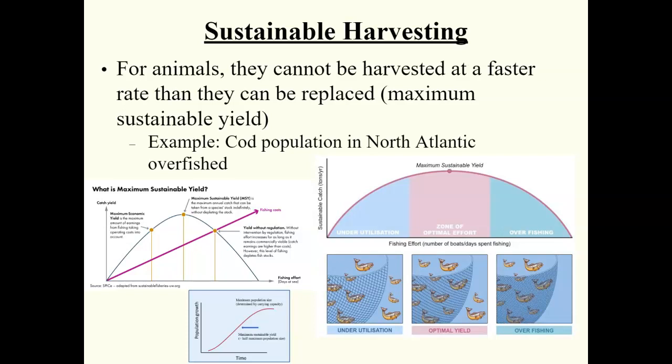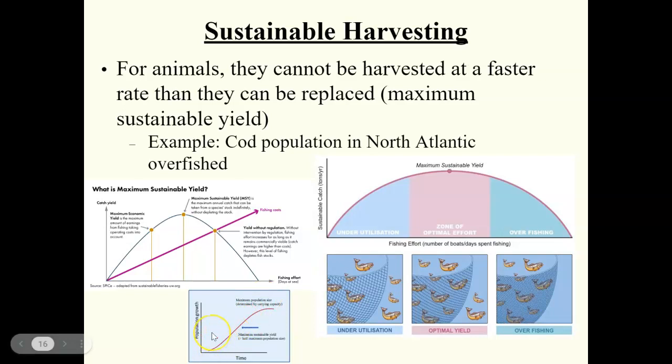And usually that amount, if you were going to quantify maximum sustainable yield, it's typically between zero population and the carrying capacity. So if the carrying capacity was 1,000, then the maximum sustainable yield is usually around 500 individuals, halfway to the carrying capacity. If you look at this graph, right, so we have slow growth happening here in the lag phase.